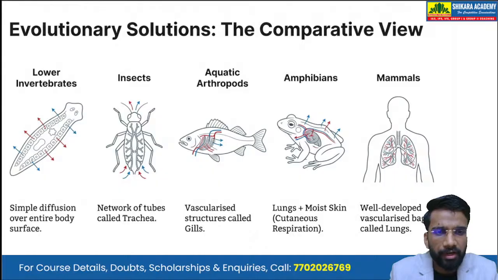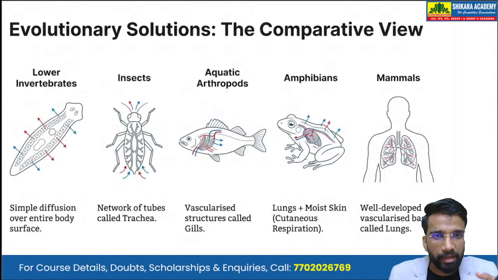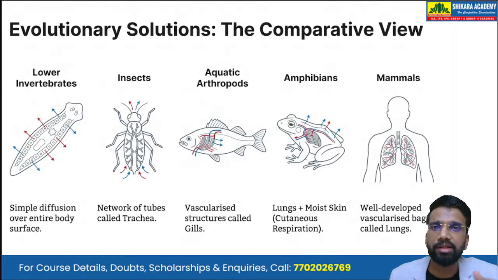Now, different organisms in the animal world have different parts developed for this exchange of gases, because cellular respiration takes place in all the eukaryotic cells. Eukaryotic cells have mitochondria, so cellular respiration will take place, but the mechanism by which the organism gets the oxygen is different.